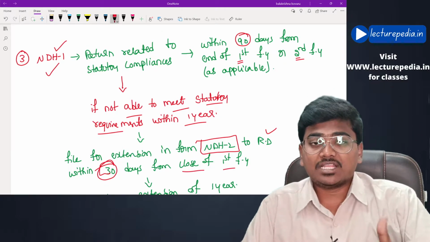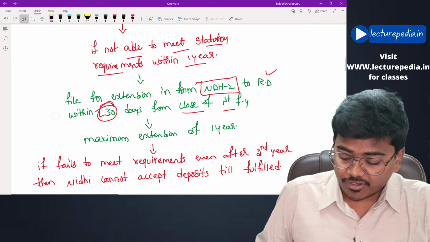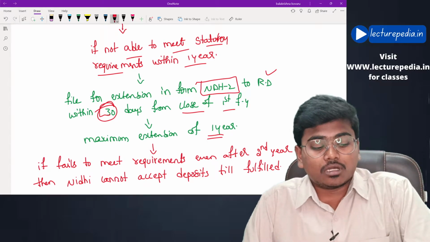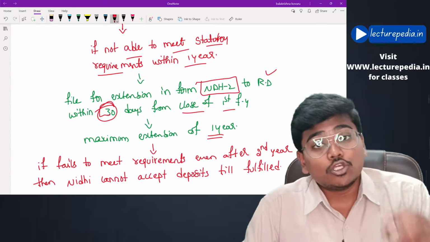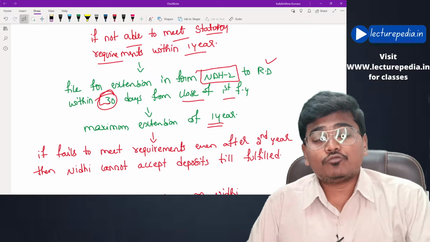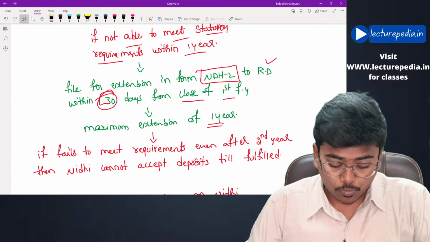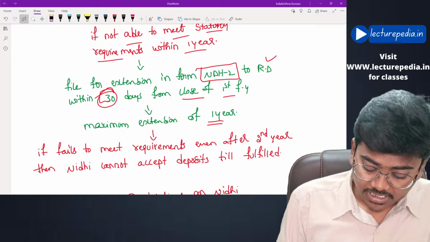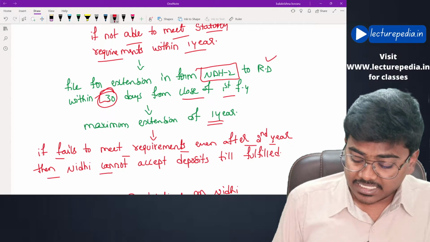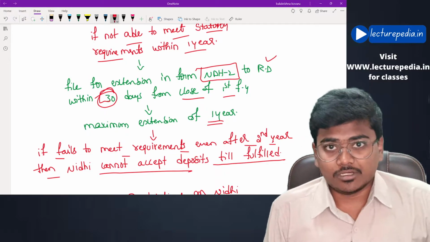Once you file the application, the regional director can grant you an extension of a maximum of 1 year. Hope this is clear. Now after completion of this second year, you must fulfill the 4 requirements. If you fail to meet these requirements even after the second year, then the Nidhi company cannot accept deposits till the conditions are fulfilled. Hope this is clear.